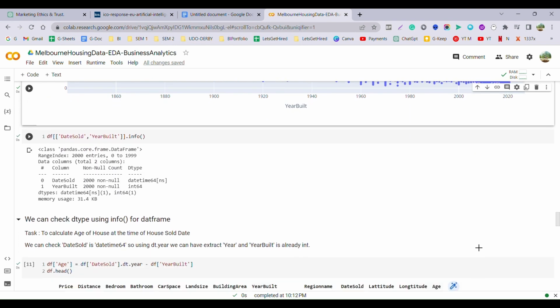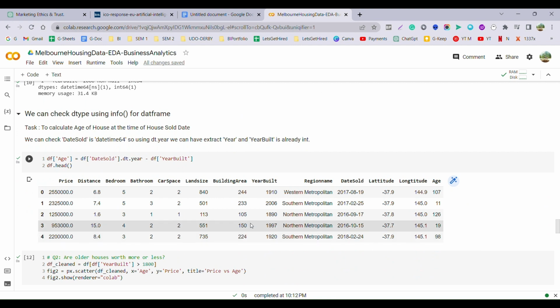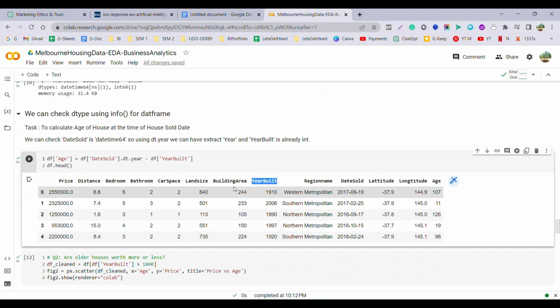I would like to have one more view. How can I express this to you? We do have year built and we do have date sold. If we can extract the year from the date sold, we can have something called age, right? Then we can have another plot between the age and the price.